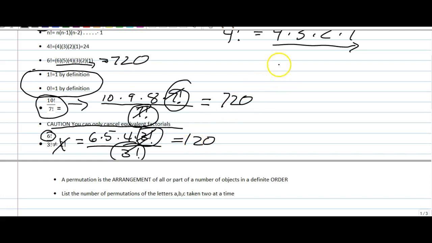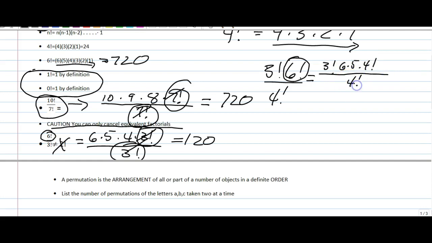Likewise, if I had a combination, 3 factorial times 6 factorial divided by 4 factorial. Now, again, I could compute 3 factorial and 6 factorial, multiply them together, and compute 4 factorial and then divide, but it's simply easier to begin with the largest factorial and write that factorialization backwards until you can find something which it will cancel with.